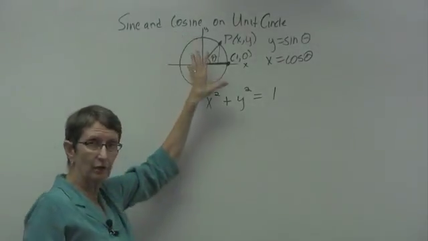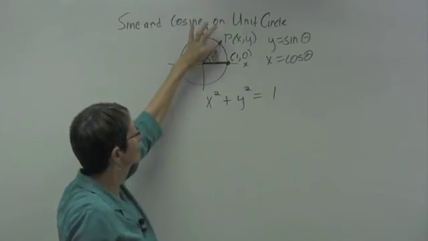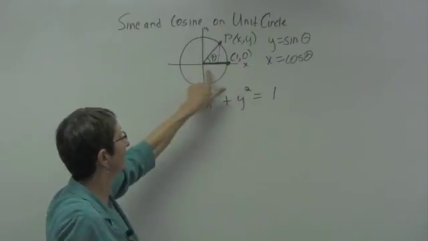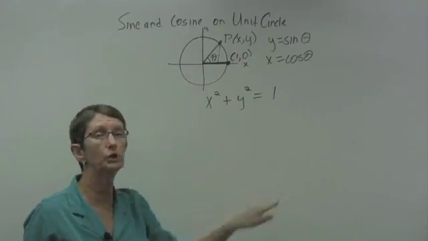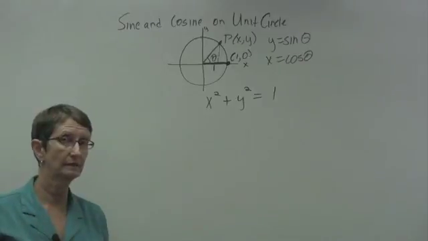So for the angle, it actually is true that the y distance here is the same as the sine of theta, and the x distance here is the cosine of theta on the unit circle, if my radius is 1.